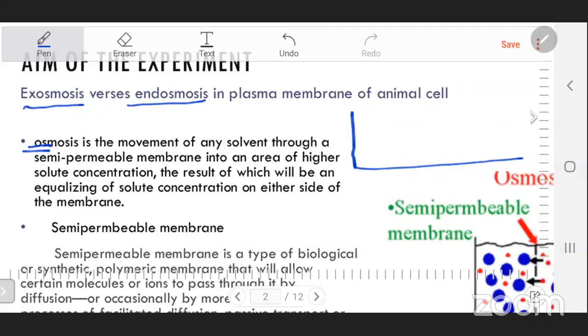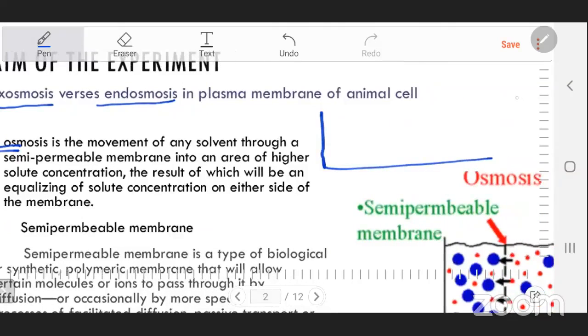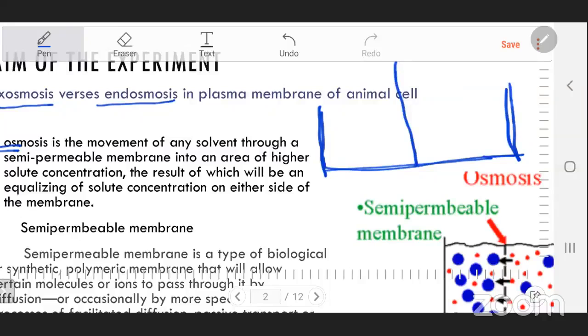Just imagine we have taken a beaker or anything, and I have placed a semi-permeable membrane just in between. And this contains some solution.